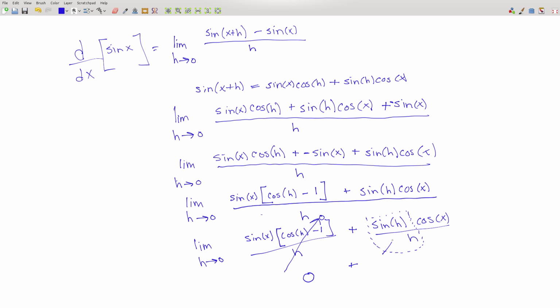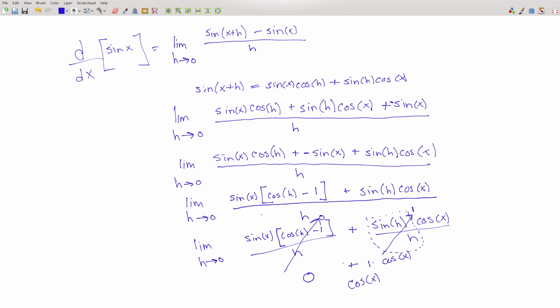Do you remember that this goes to 1? So it's 0 plus 1 times this cosine of x. And of course, 0 plus 1 times the cosine of x is going to give us the cosine of x.